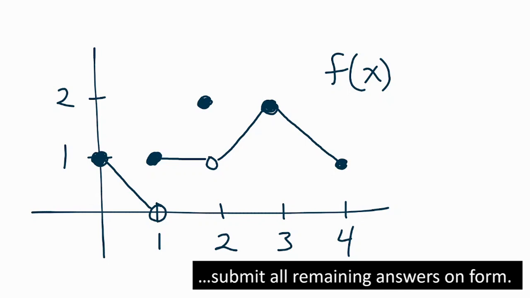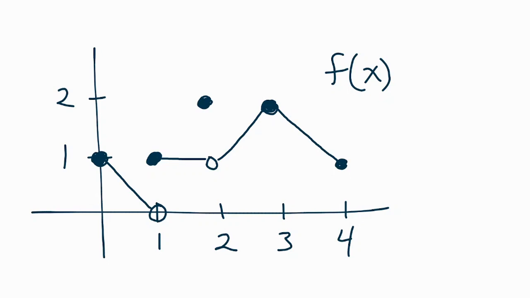So again, jot it down in your notes, and then remember that digital form. Once you're done making a copy of this graph, go back to that digital form and get to the next section. You're going to have some limit questions. It'll take you a little bit of time. Make sure you think through them, talk about them with your friends. See if you can get those limit questions right.